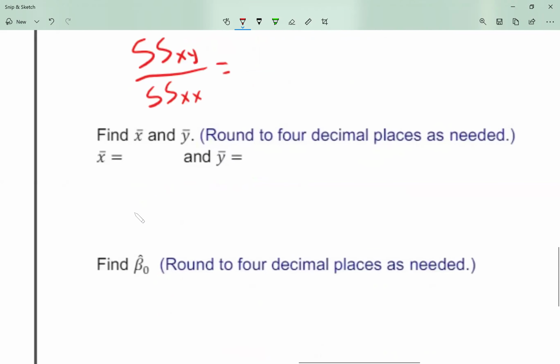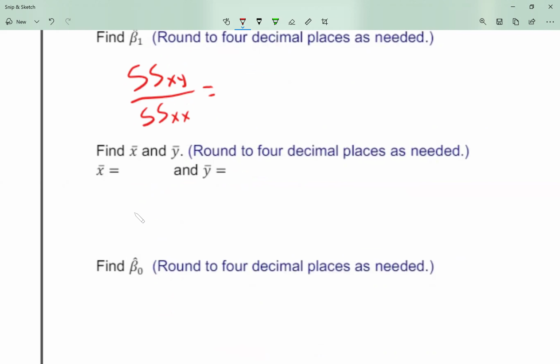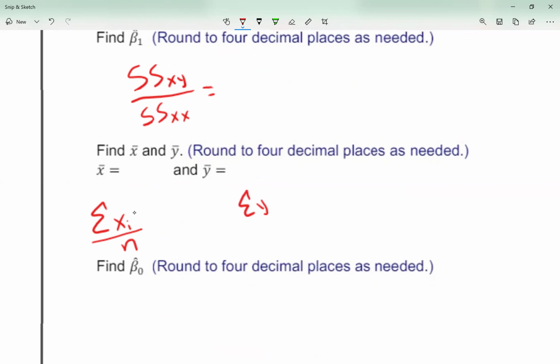Now, x bar is basically the average of the x's. Okay, so the way I'm gonna figure this out is, I'm gonna add all my x's and then divide it by how many there are. That's gonna give me my x bar, which is the average of the x's. The average of the y, or the y bar, I'm gonna add the y's divided by how many there are, so n.